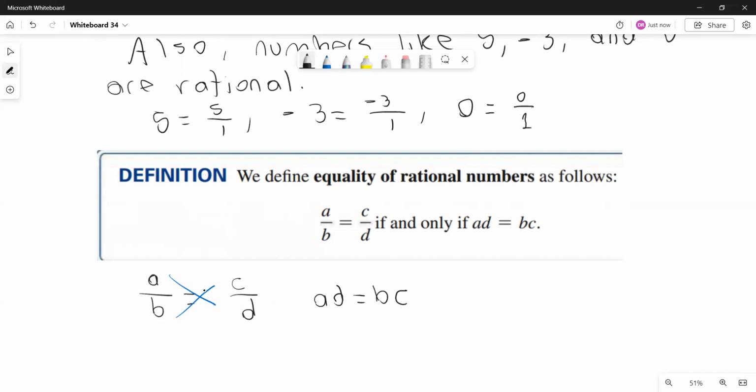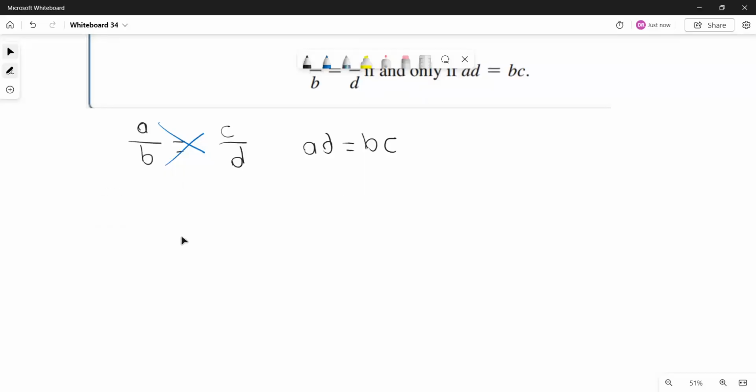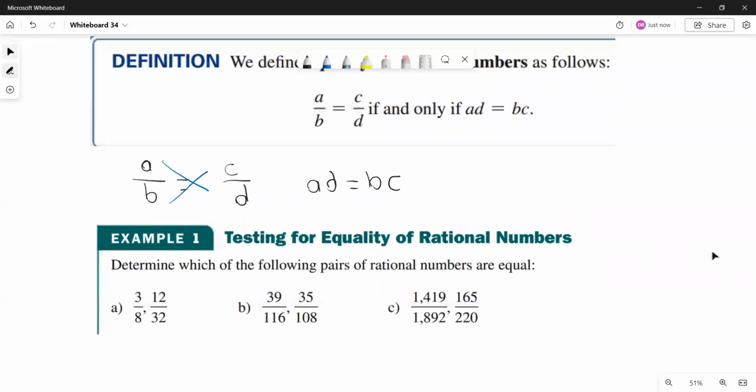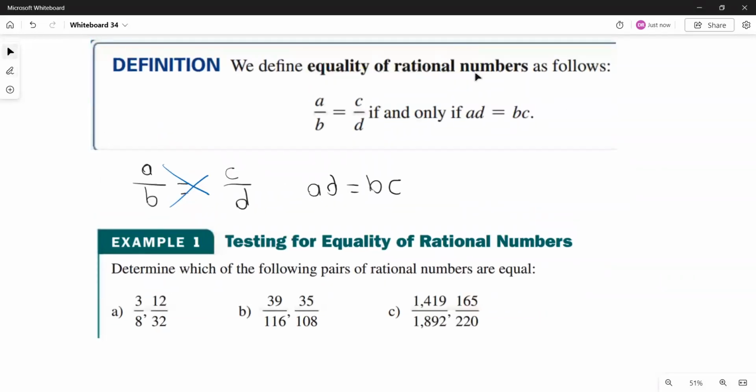Okay, so we're going to do an example on equality. We're going to go over example 1. Let's copy example 1. We will determine which of the following pairs of numbers are equal by cross multiplying and comparing the products.